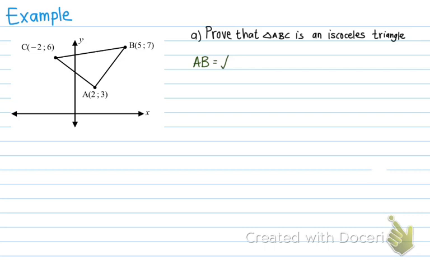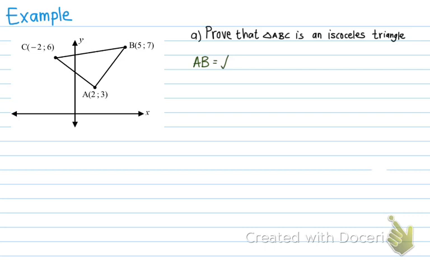Okay, so I have to prove that it's an isosceles triangle. Isosceles has two sides of the triangle equal. So I'm going to try to work out all the lengths of the sides of the triangle, so all the lengths of the line segments.